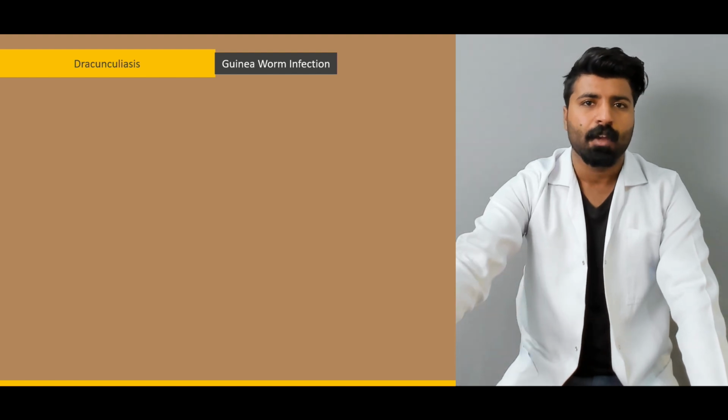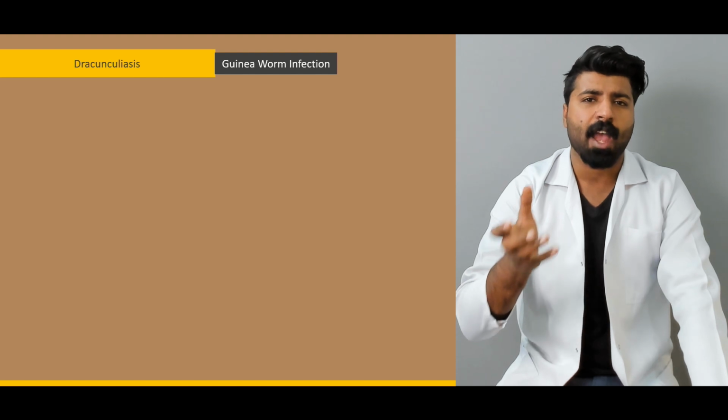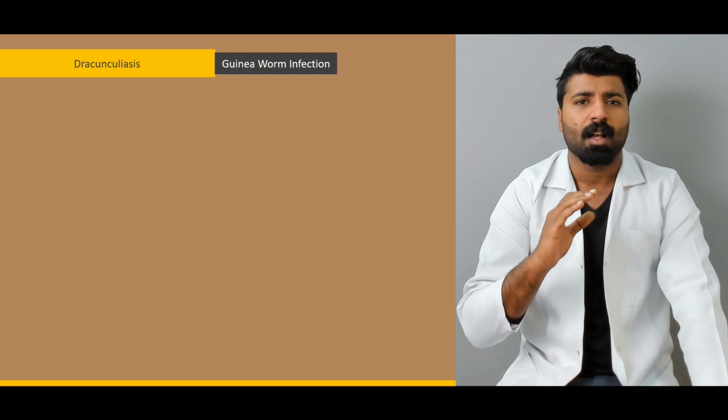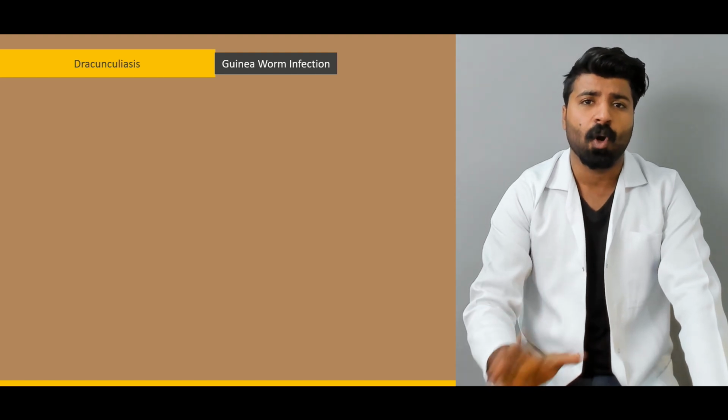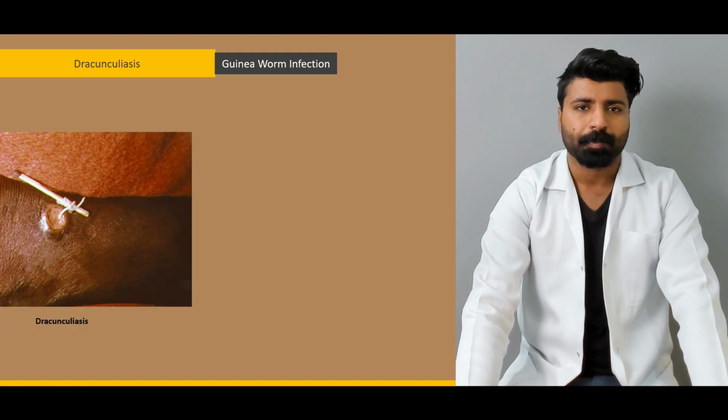So they go to stagnant water, to those areas which have water supply due to the rains, and this water has been stagnant for many lifetimes. They use that, and that's where this disease comes from.